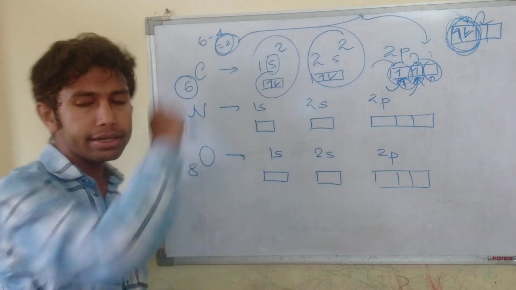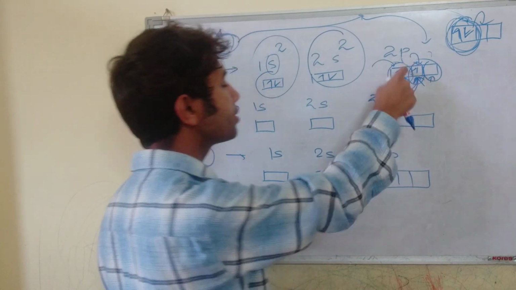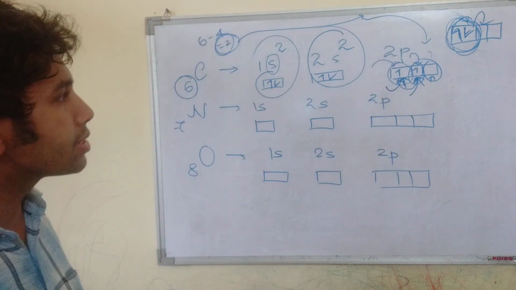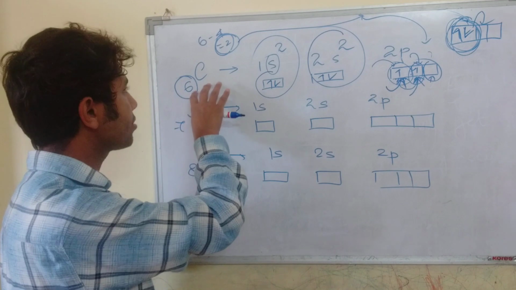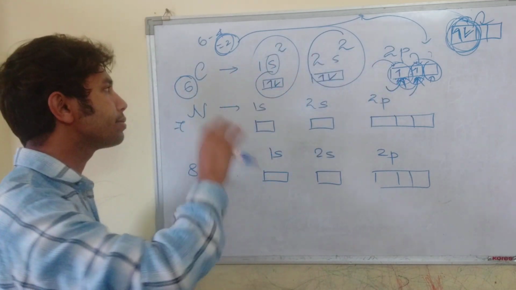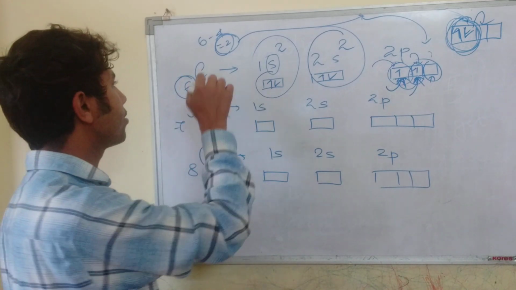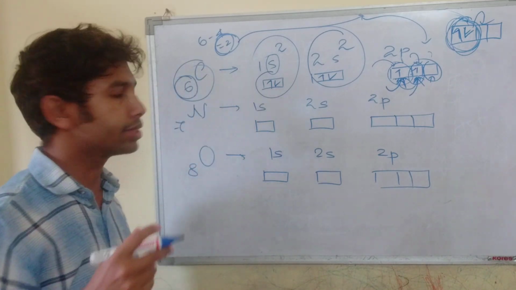Here only 2 electrons are present, so we give them to 2 different orbitals. Our electronic configuration of the carbon atom is done.